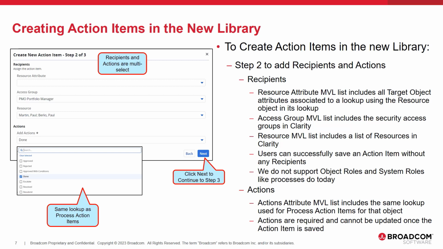Here we're using the same lookup that we're using for process action items for that object. The actions attribute is required, and once you save the action item, you will not be able to update it any longer. So once again, once the required fields are populated, the next button is enabled, and you'll click Next to proceed to Step 3 of creating your action item.